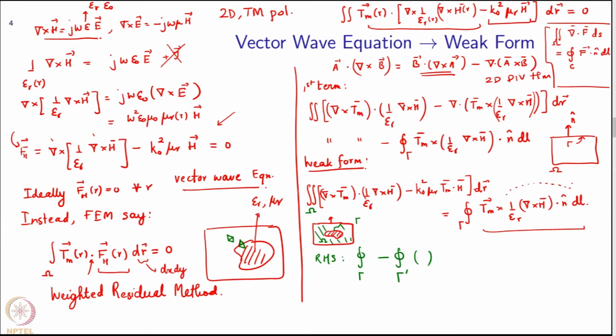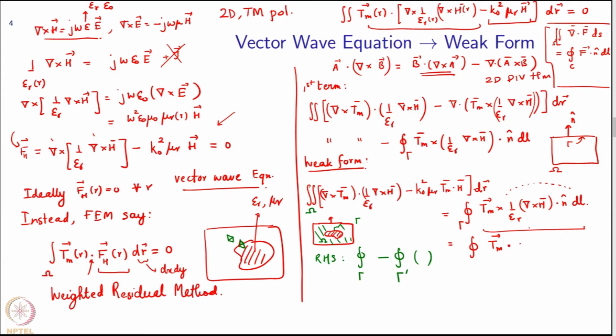Now this expression can also be rewritten in the following way. So, I have A cross B dot C, right. If I swap the order of the cross and the dot, what happens? Negative sign. So, this expression can also be written like this, dot.